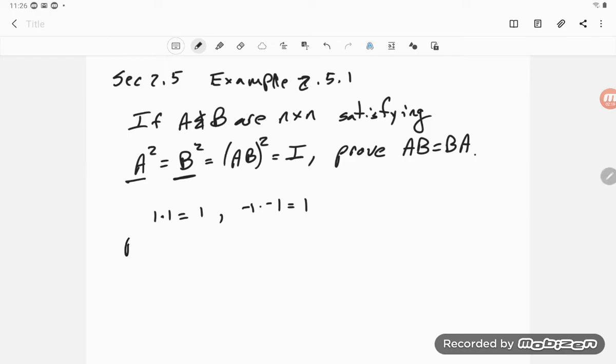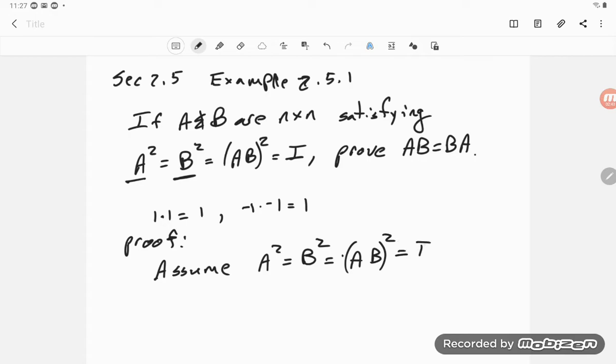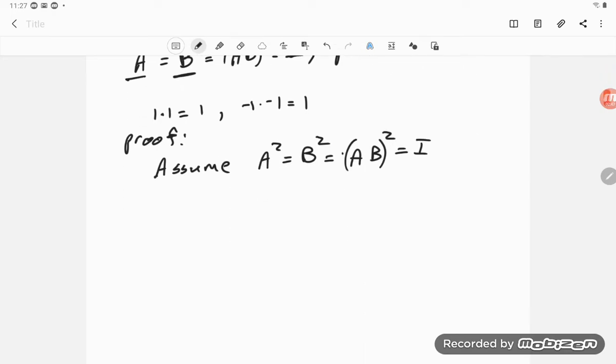So the solution here, the proof of this, they say, well, okay, assume A squared equals B squared equals (AB) squared, and that all equals I. Then from that assumption, if this is true, then A and B are non-singular. And they point out that A inverse is equal to A and so forth, right?